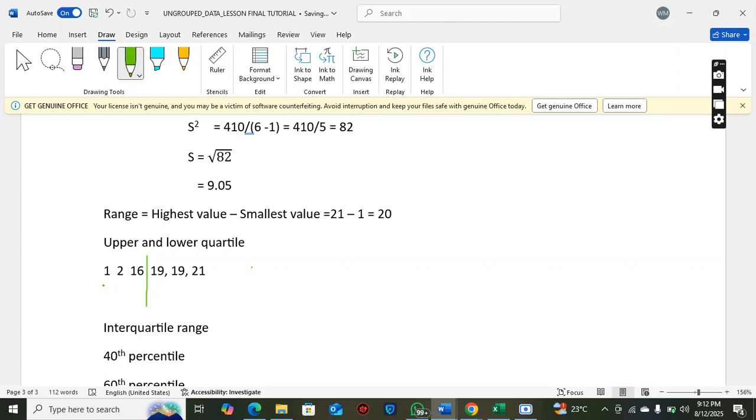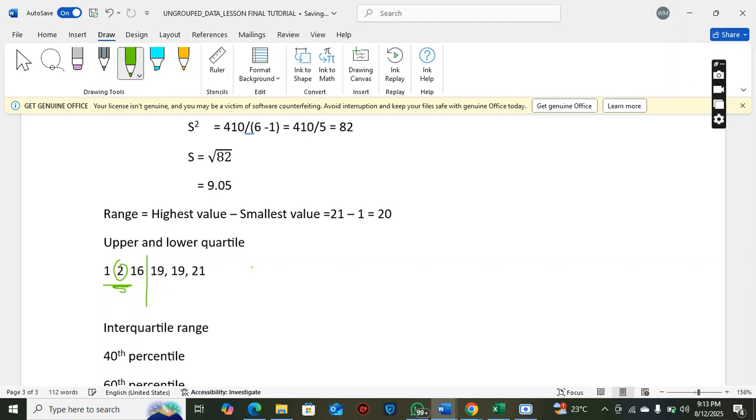So the lower quartile is basically the median of the lower half, and the upper quartile, think of it as the median of the upper half. So you just look at the lower half and say, what's the number in the middle? It is 2.